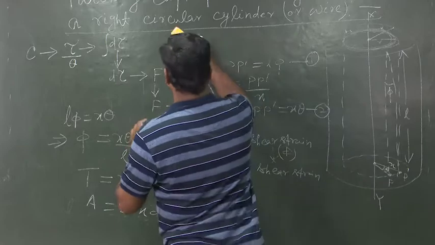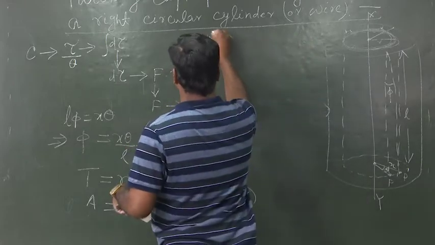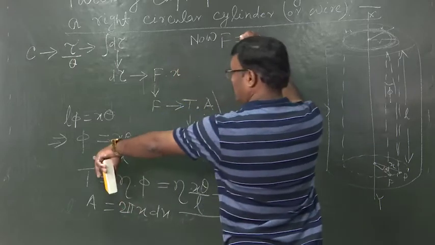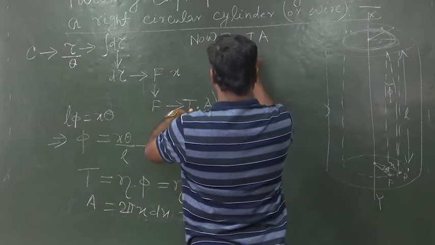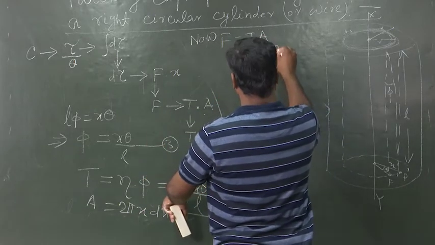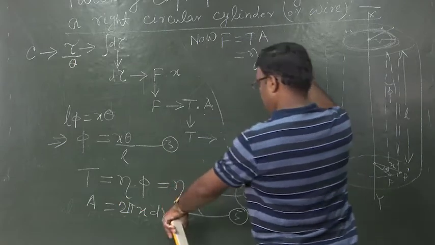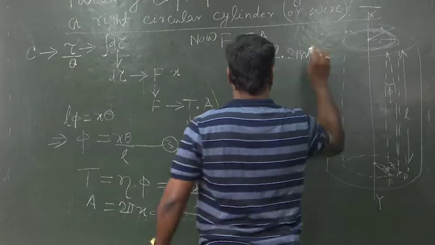So let us calculate F. Now F will be equal to T into A, which is equal to eta into x theta by L into 2 pi x dx.